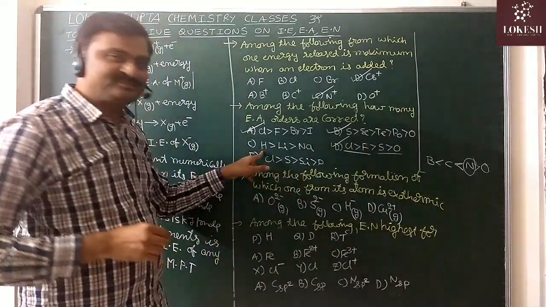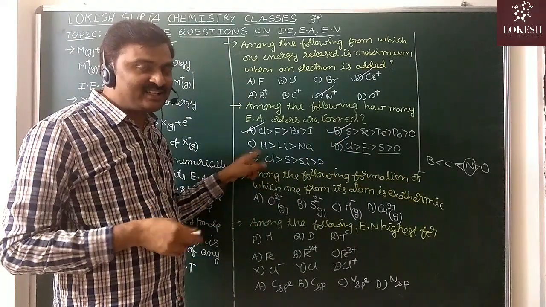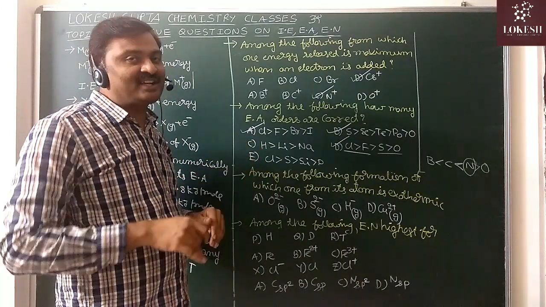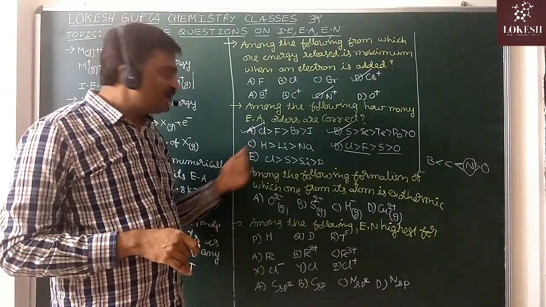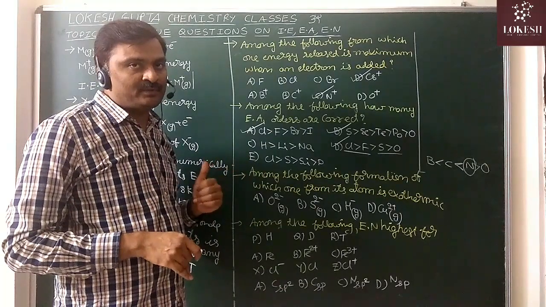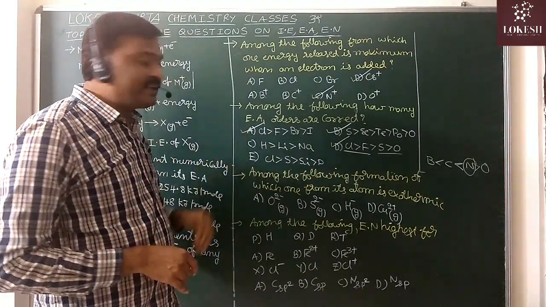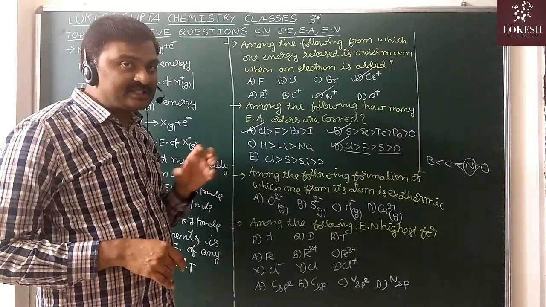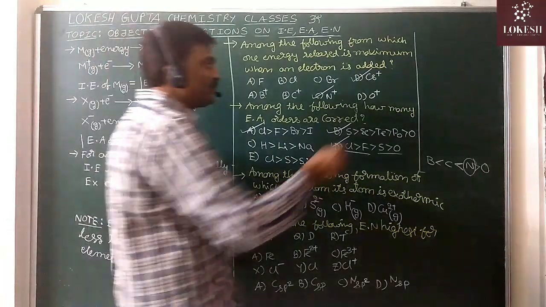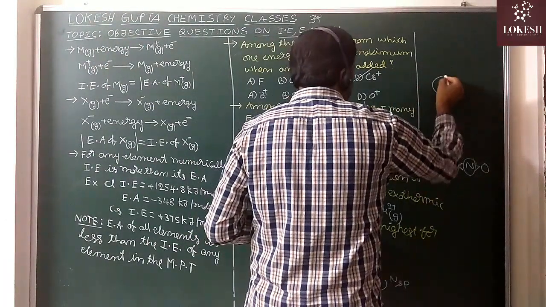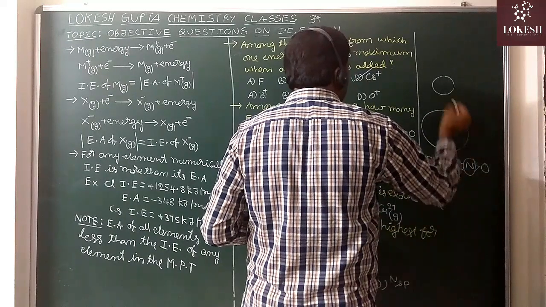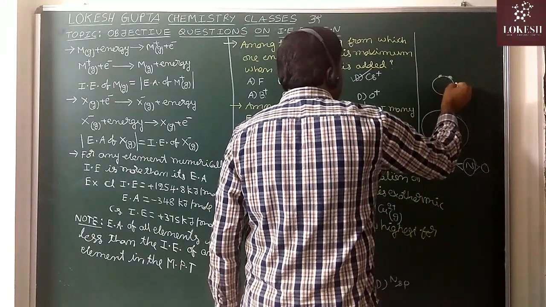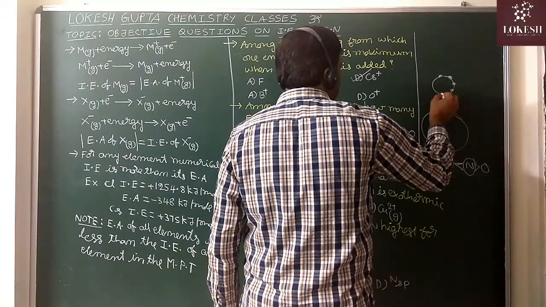Now come to this one. Just now we discussed that the exception is not observed in the 1A group. Why? See, why is electron affinity of fluorine less than that of chlorine? Fluorine is smaller in size than chlorine. In the fluorine valence shell, 7 electrons are there.